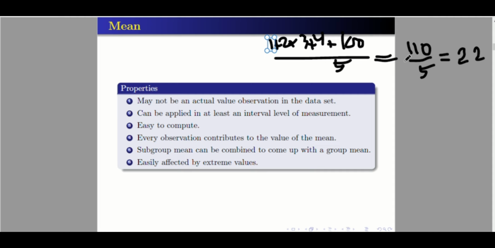So it's very far. If there are only 4, it's 2.5, but now I just added an extreme value, which is 100, and it becomes 22. So the mean is easily affected by extreme values. This is because of number 4: every observation contributes to the value of the mean.